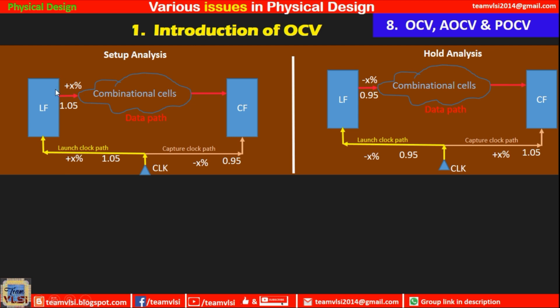That could happen if your data path is slow, or your launch clock path is late, or your capture clock path is early.